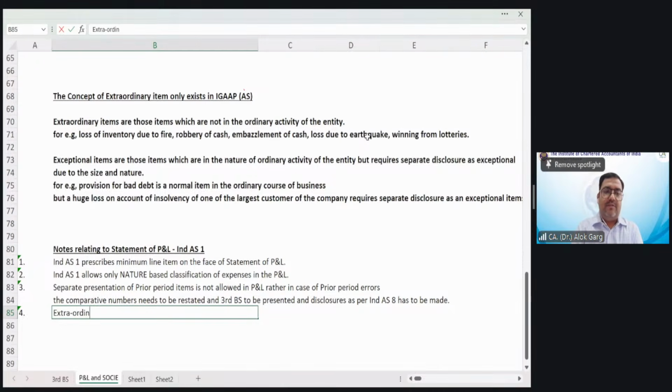So extraordinary items, there is no concept of extraordinary items in the statement of P&L under Ind AS. It is prohibited.